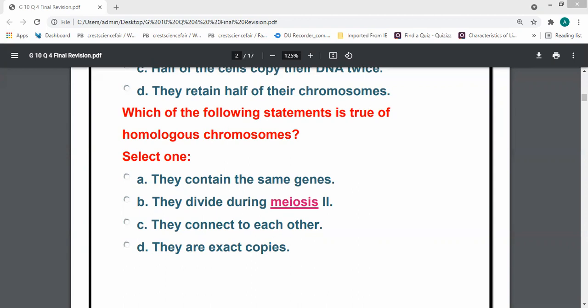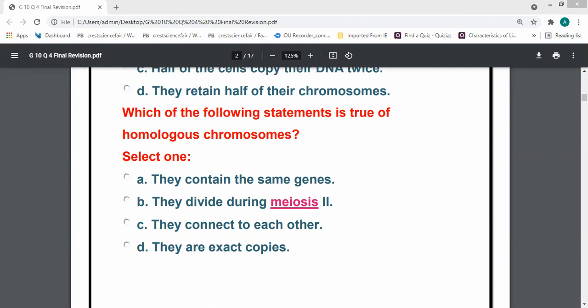Yes. Can you explain the meaning of homologous chromosomes? They are exact copies. Explain it. If anyone asks you about homologous chromosomes, what do you conclude from this term?